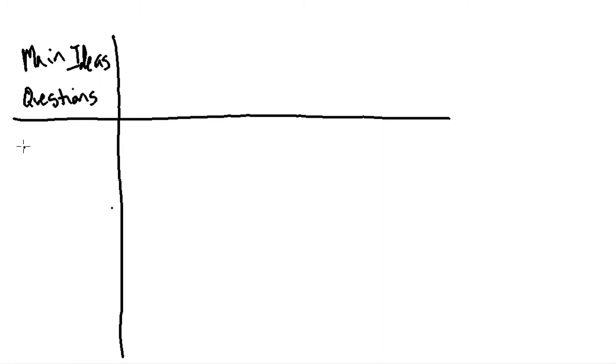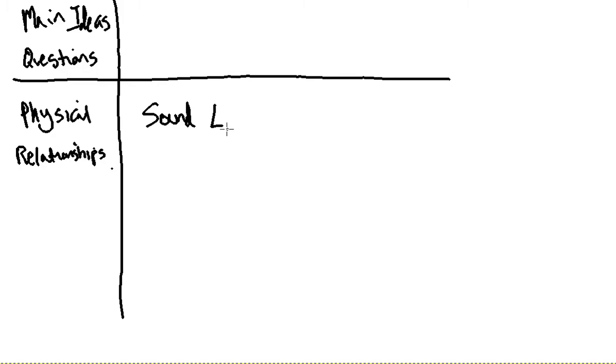So when it comes to these physical relationships, the main things, check out the sound lab. There was a lot of manipulations we made. We raised the frequency and we looked at what happened to wavelength. That's the main one that you need to know. Make sure that you can equate the word pitch with frequency.